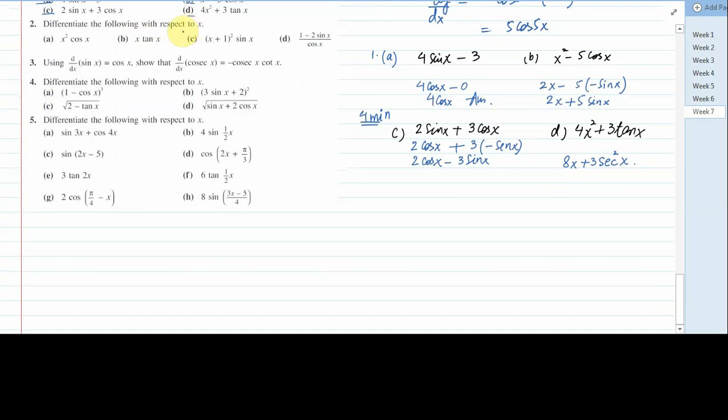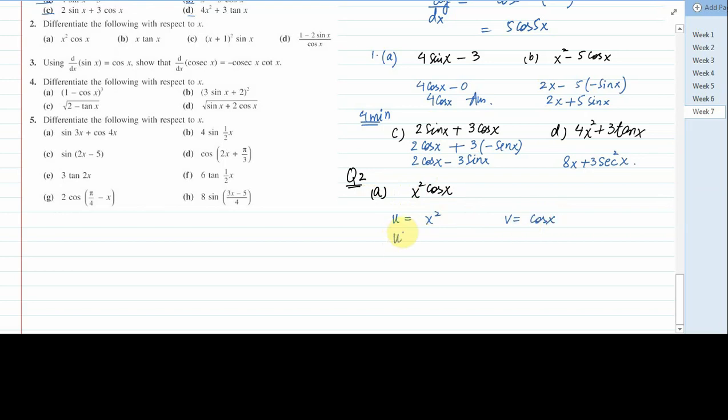Differentiate the following with respect to x. Question number 2, and it's part A. It says x square into cos x. Now we have 2 functions here, so you need to apply u into v that we had already studied in chapter number 15. So let's say u equals x square and v equals cos x.